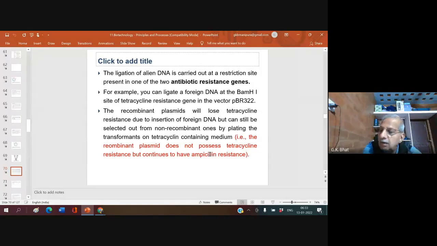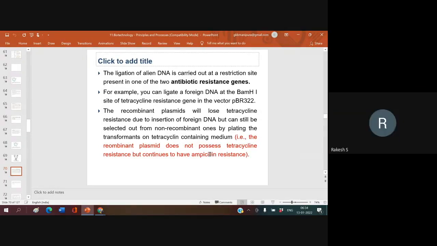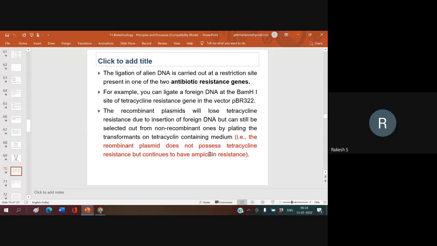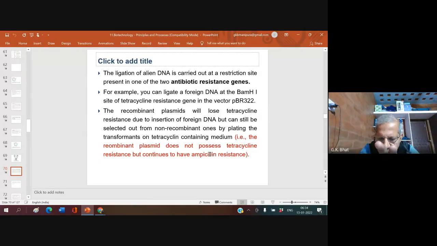Ampicillin. And another medium? Tetracycline. Now you tell me whether this bacteria will survive in both. Now you have some bacteria with the recombinant DNA, some bacteria without the recombinant DNA.